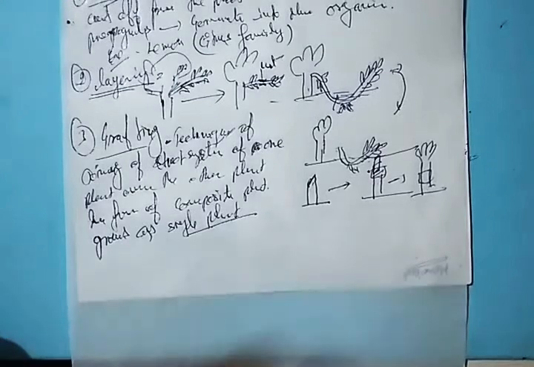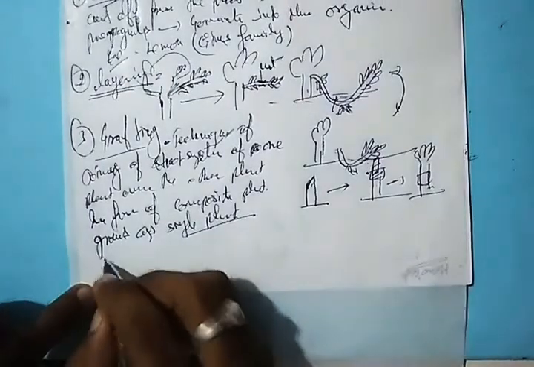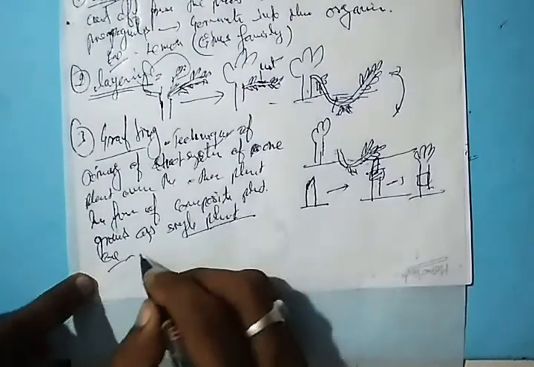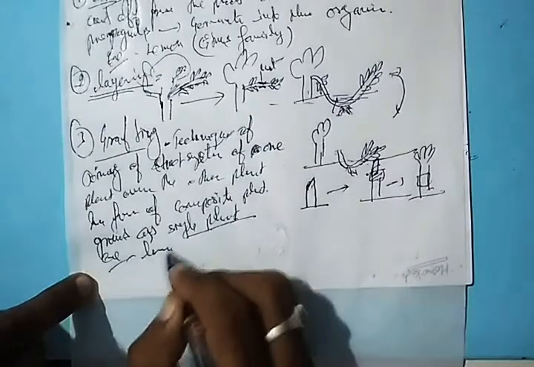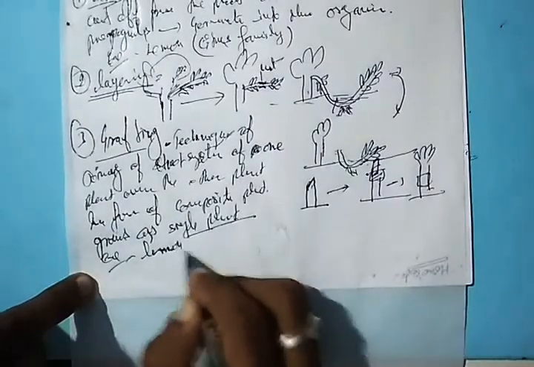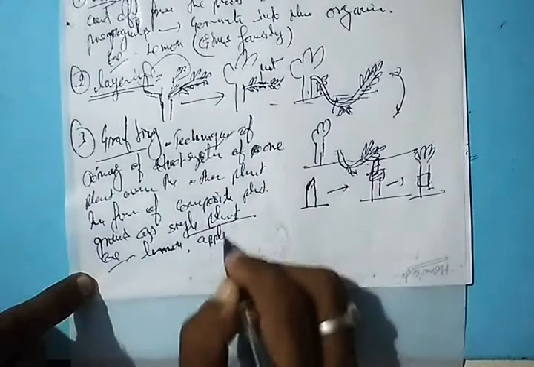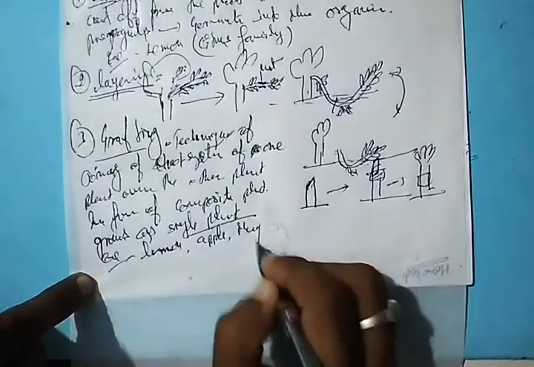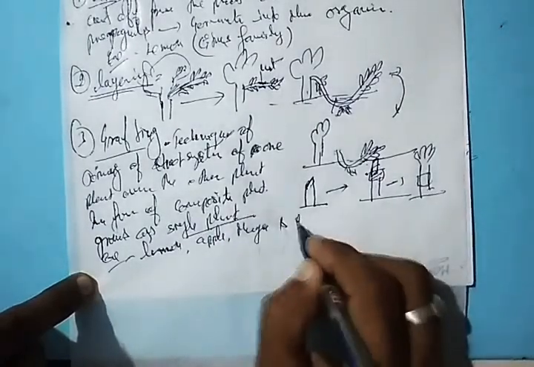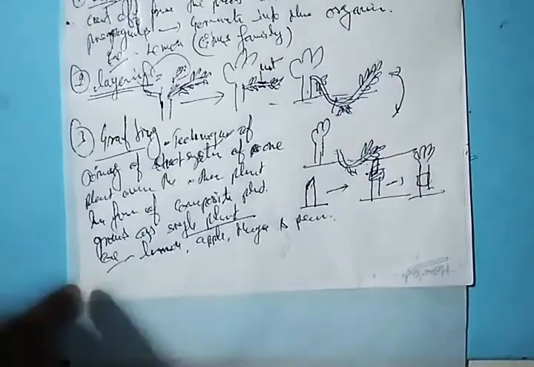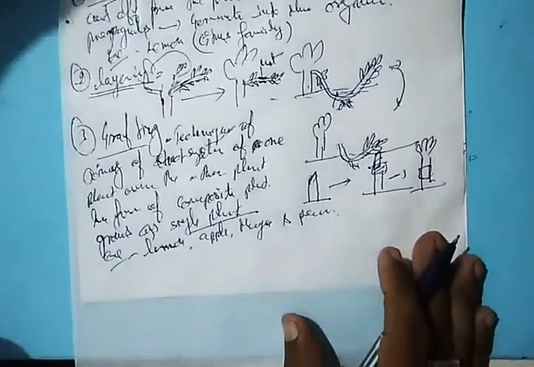Basically it is used for growing lemon, apple, mango and pear. Okay, so these are the examples.